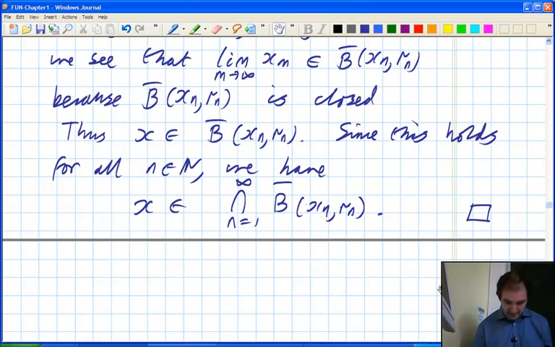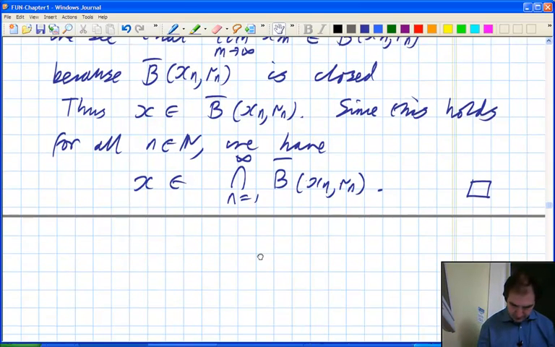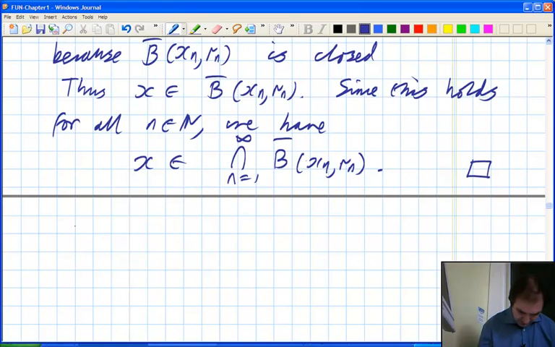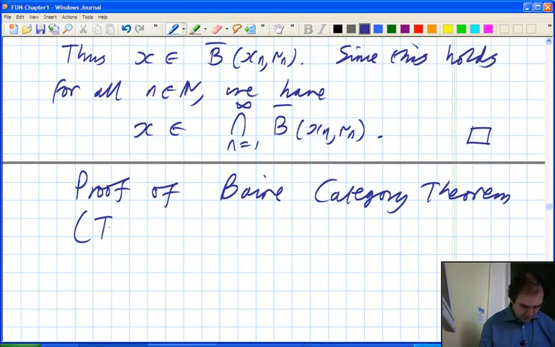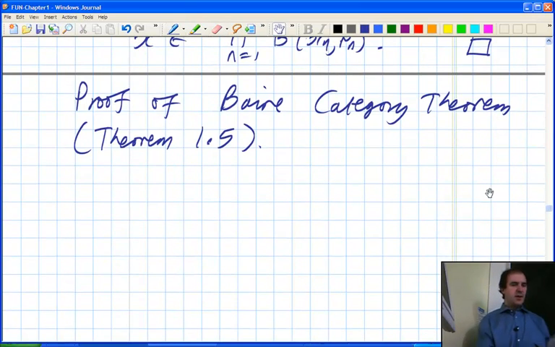So now we're going to prove theorem 1.5, which is the Baire category theorem. I'll just repeat the statement here to save me going back to the other slide. Here's the statement.